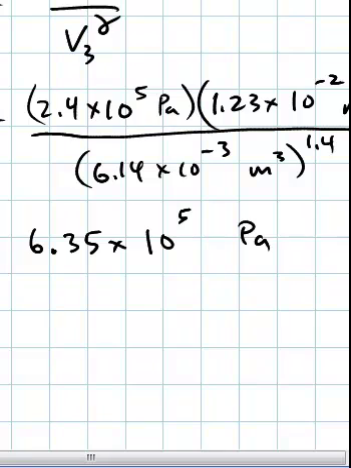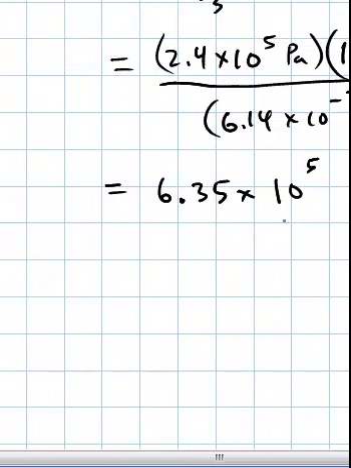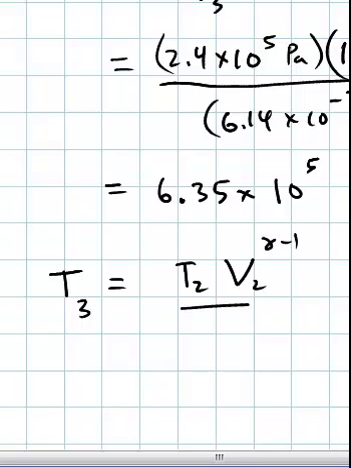And now I can solve for my temperature using the second equation from up above. Temperature at 3 is going to equal the temperature at 2 times the volume at 2 to the gamma minus 1 over the volume at 3 to the gamma minus 1.